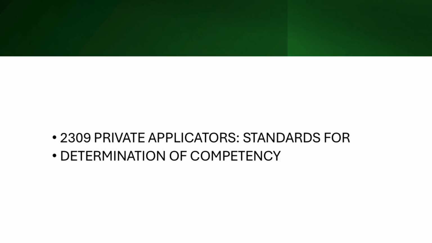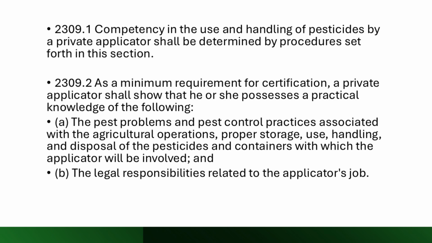2309. Private applicators, standards for determination of competency. 2309.1. Competency in the use and handling of pesticides by a private applicator shall be determined by procedures set forth in this section. 2309.2.